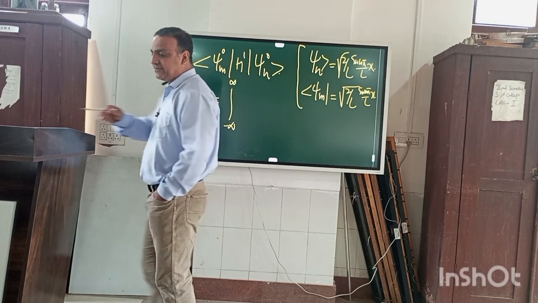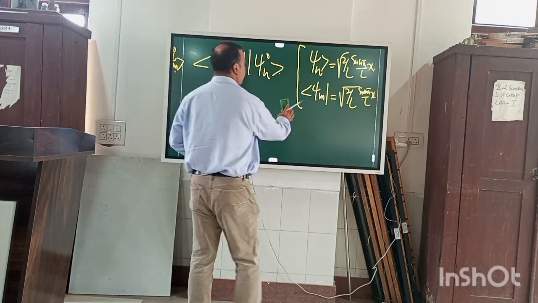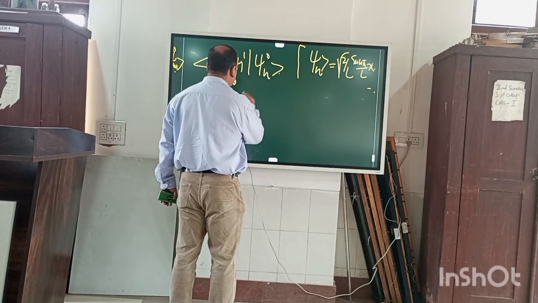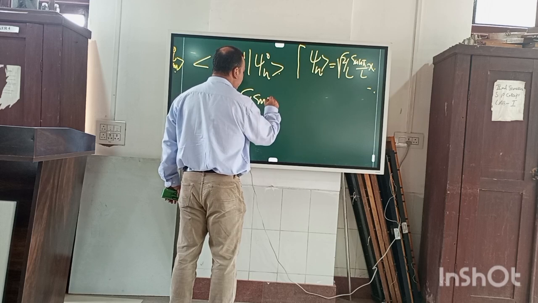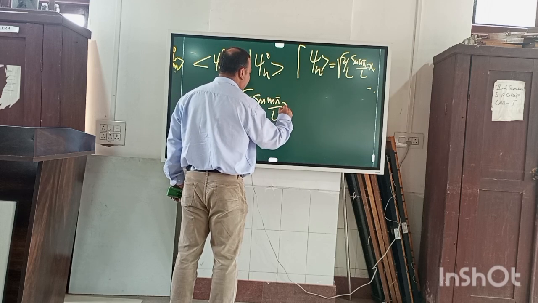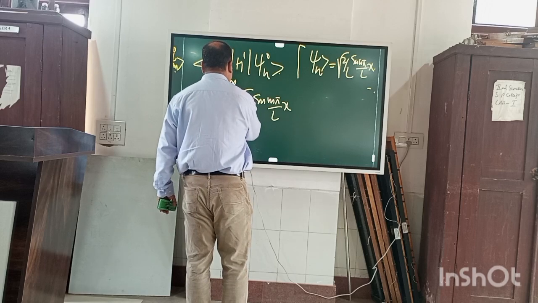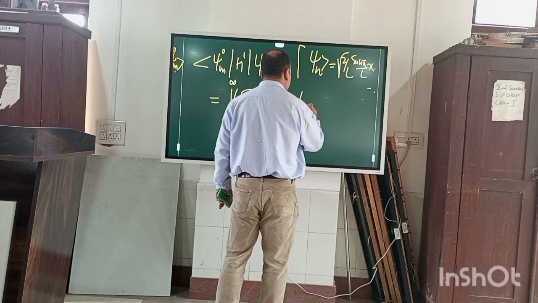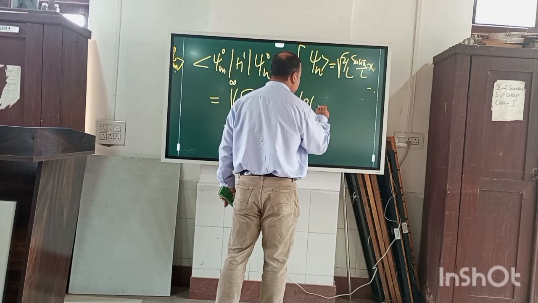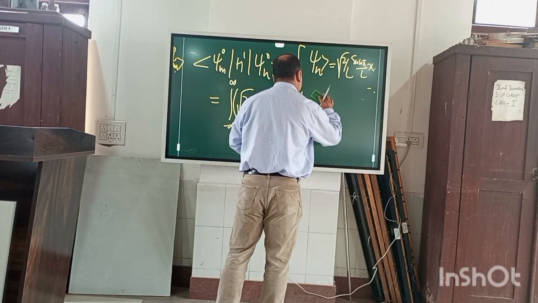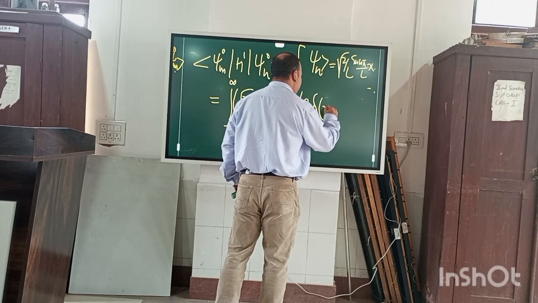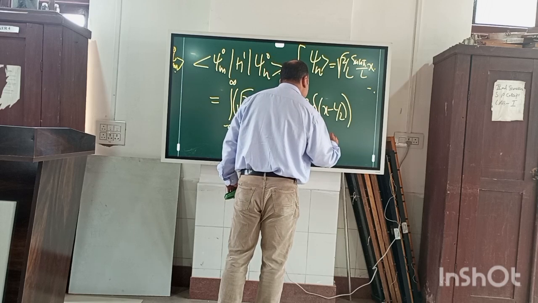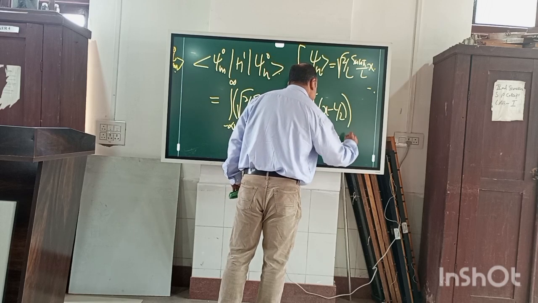Here I will have square root of 2 by L sine of m pi x by L, multiplied by your perturbation, beta delta of x minus L by 2, and then sine n pi x by L dx.